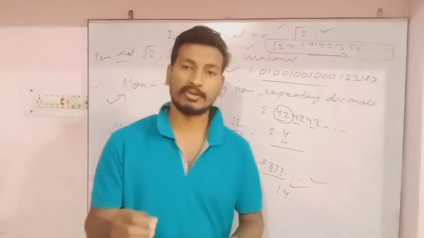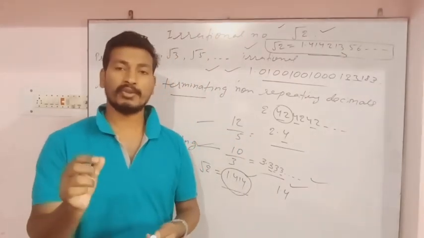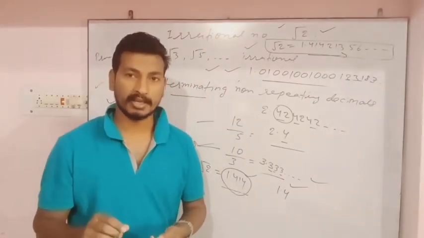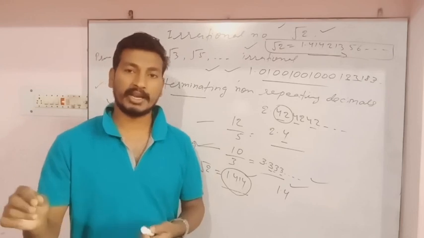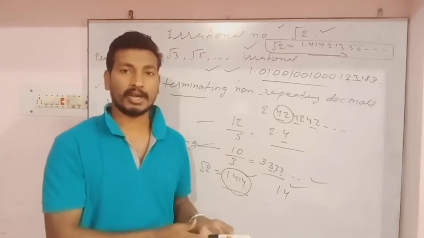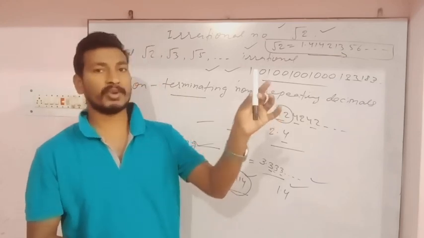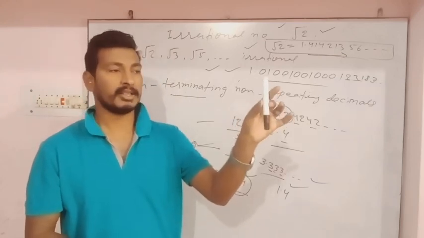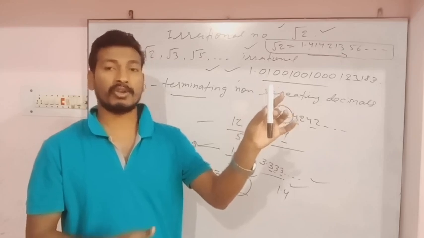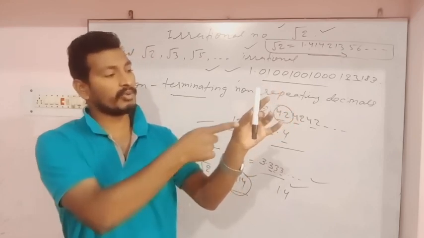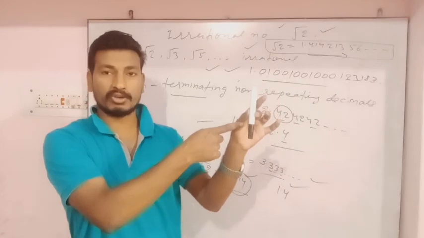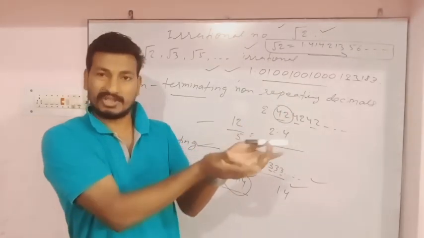To prove that root 2 is an irrational number, we use the method of contradiction. And in the contradiction method, we assume a statement which is not true. Suppose you are asked to prove this is a marker. By the contradiction method, you have to assume something which is wrong.